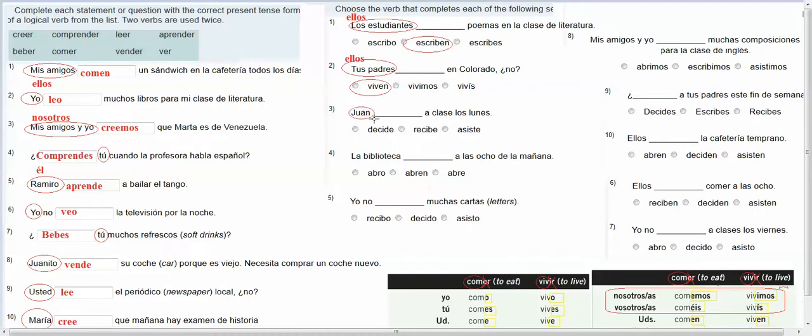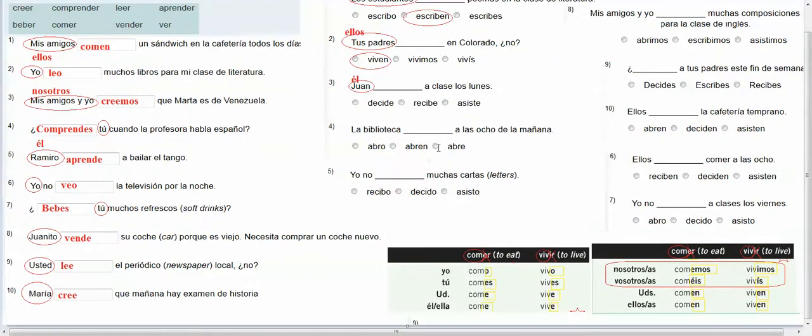The subject here is Juan, which is the same thing as él. And so the ending that I would need would be an E, and it would be asiste, because that's to attend, so he attends class on Mondays.